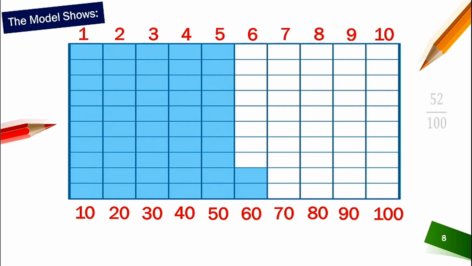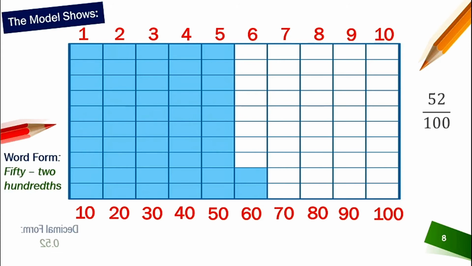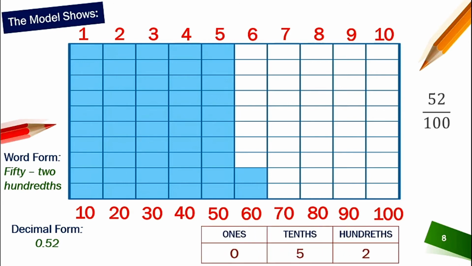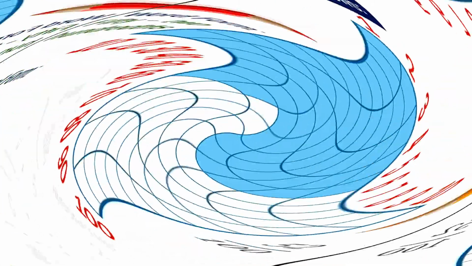In fraction, it is 52 over 100. In word form, 52 hundredths. In decimal form, it is 0.52. In our decimal place value chart, we have 0 as our ones, decimal point, tenths 5, hundredths 2.